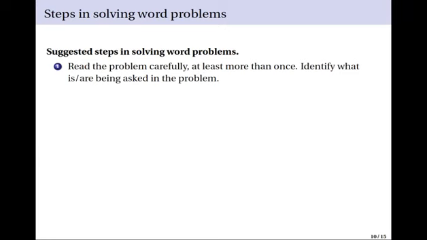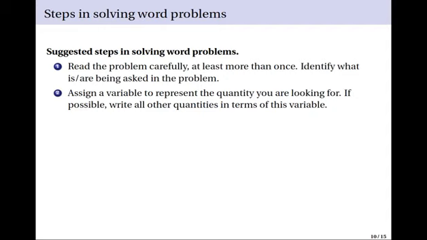Next, when you know what is being asked, you can now start assigning variables. These variables should represent the quantities or the units that you have in the problem using the data. And then, if possible, you write the quantities in terms of one quantity only.